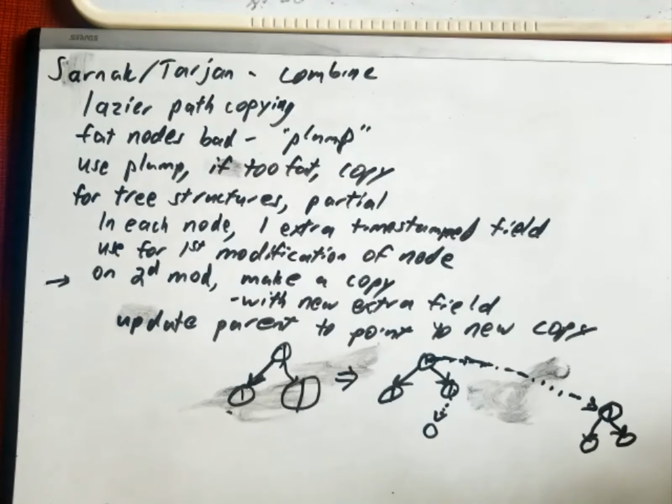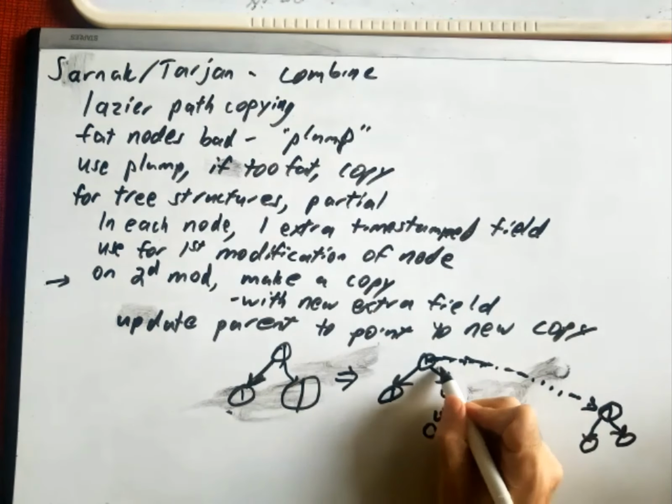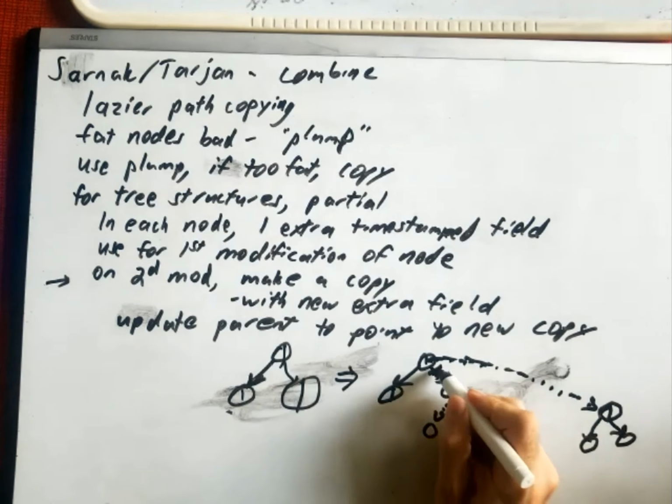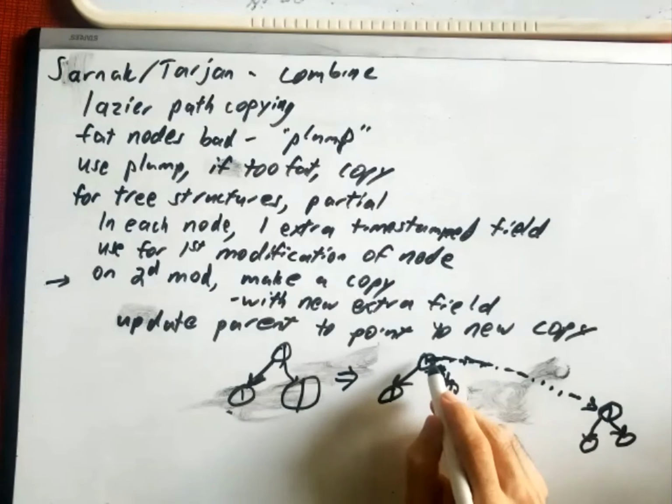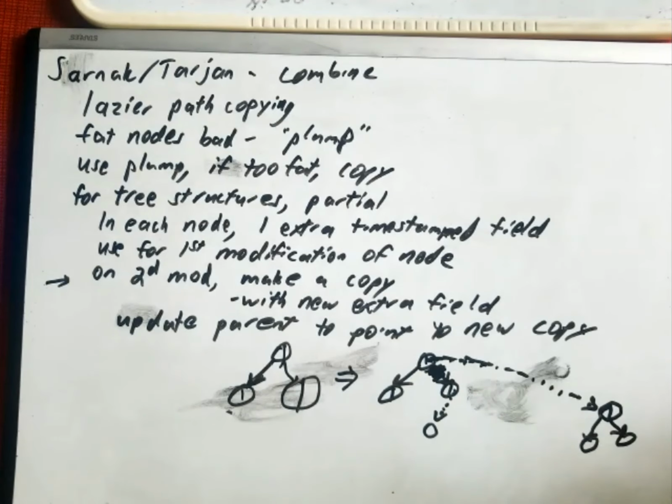We are just adding information to the timestamped field to represent this new thing, and which field we're overriding. So we will have a timestamp that says after time t, stop paying attention to this prior value of the pointer, and instead pay attention to this new value of the pointer for this field. Okay.